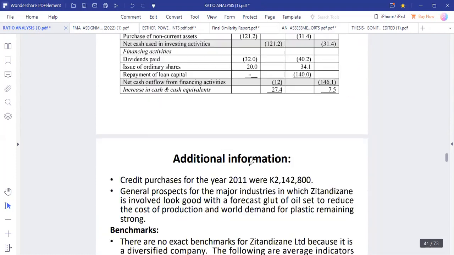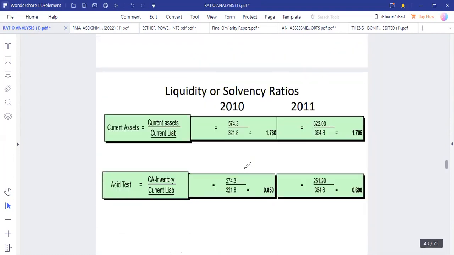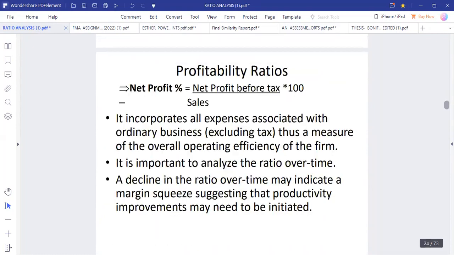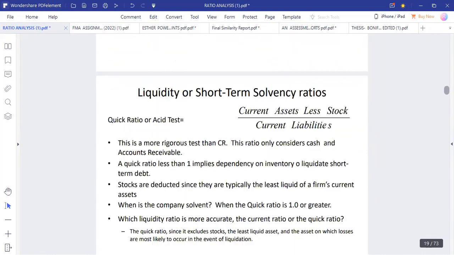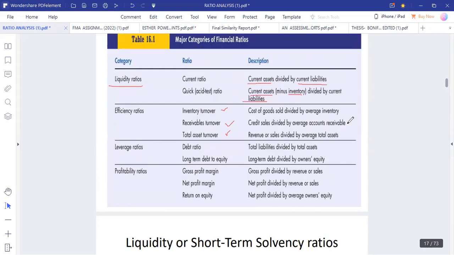So in the evening, we're going to do a question on the ratios. Then we'll appreciate them later on, but they become part of you. Of course, they're a little bit too many, but they're very easy to remember.